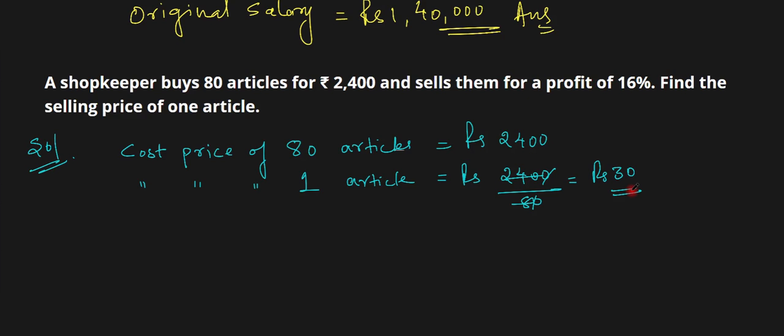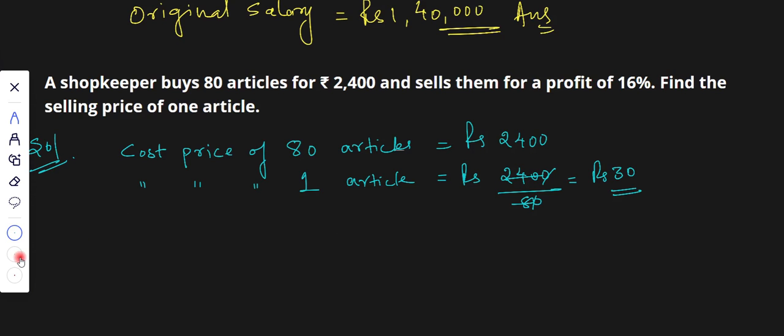Now, and sell them for a profit of 16%. So what is profit percent? What is profit first? Profit is selling price, that is SP, minus CP. Obviously if you sold an article at a higher cost than its cost price, you will be profited, right?